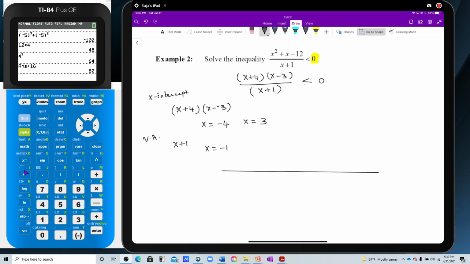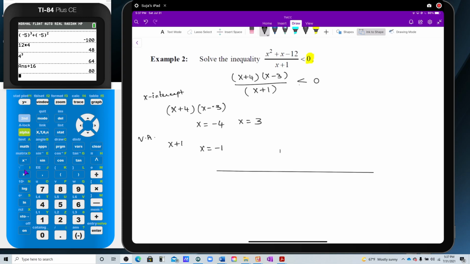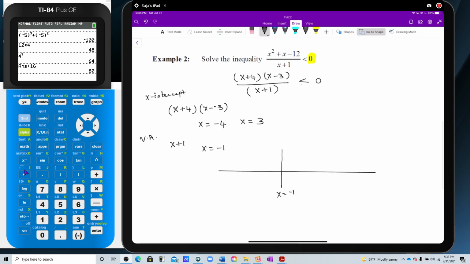If I say x equals 0 is in the middle, negative 1 will be to the left of 0. x equals negative 4 will be further left of negative 1. And to the right of negative 1 will be 3. You don't have to mark the 0 point. You just have to divide the number line into intervals.